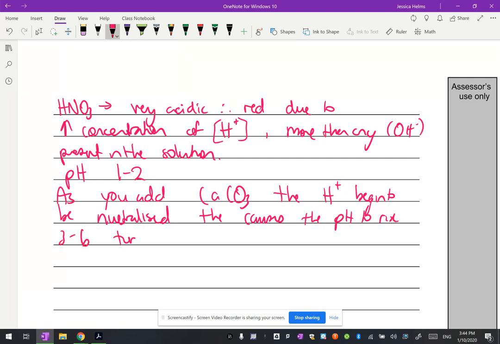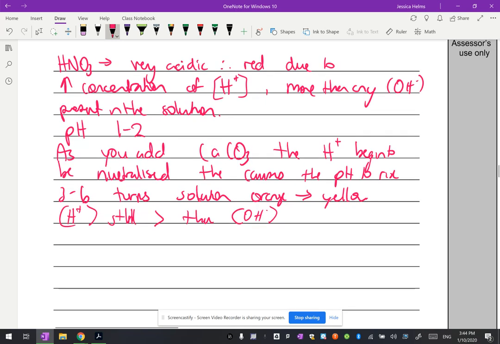So it turns the solution maybe an orange and then onto yellow. This is due to the fact that the hydrogen ions are still greater than the hydroxide ions, because it's still quite acidic.